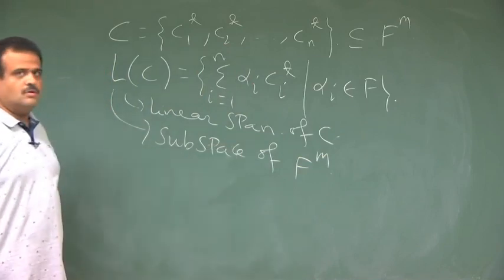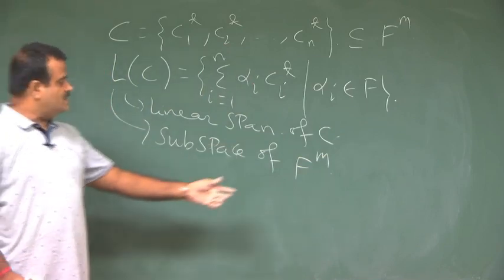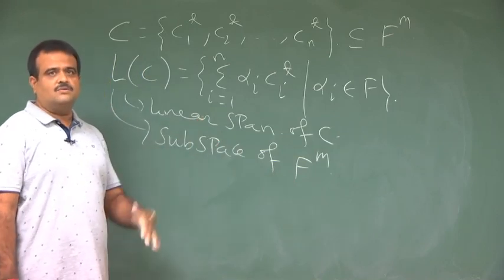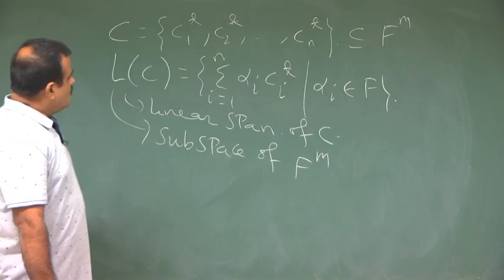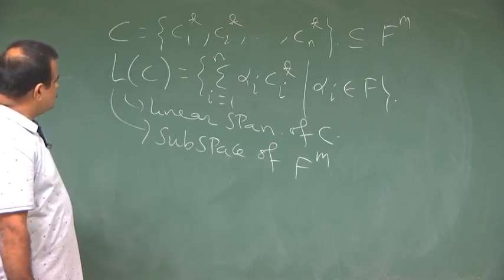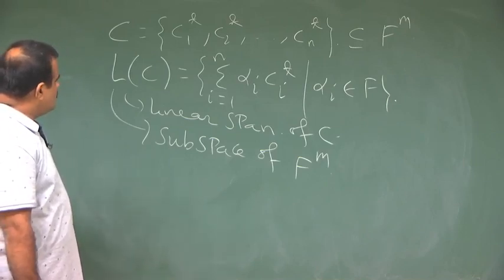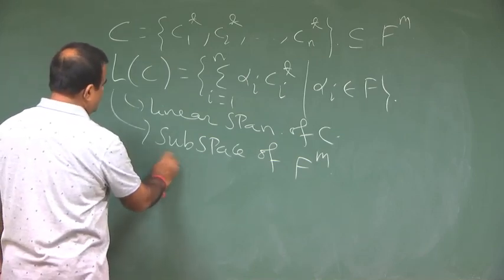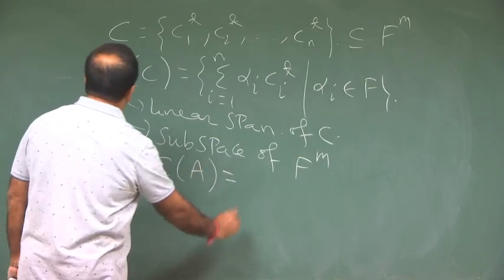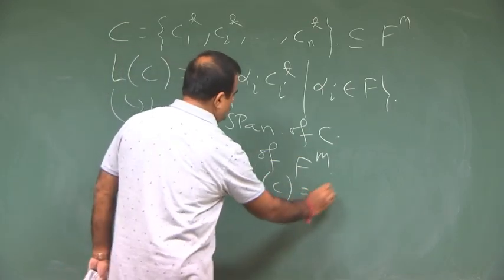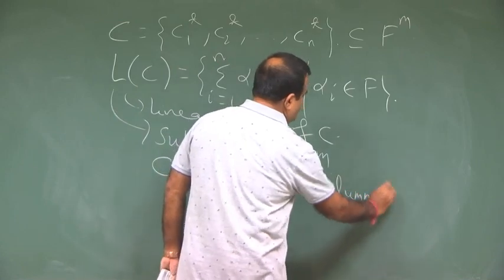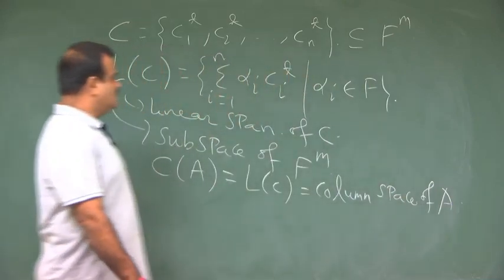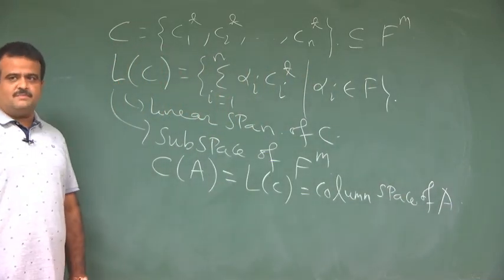of F to the power m. F could be R also. If we are talking about the real field, then this F is nothing but R, so then this is a subspace of R to the power m. Okay. Now, this is called the column space, and this is denoted by C of A, the column space of A. And since this is a vector space, it has a dimension.